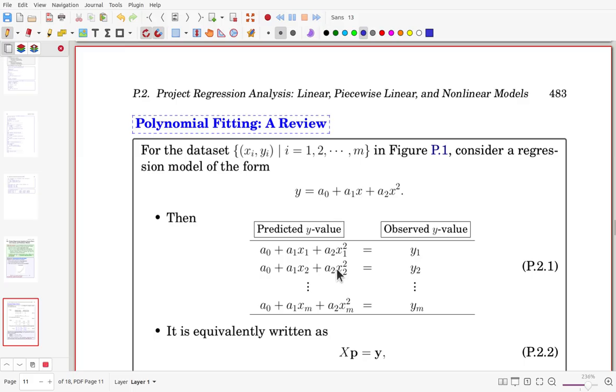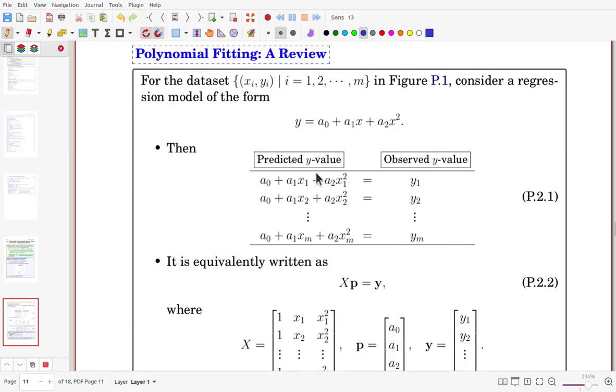From the first point, we have this equation and go down, and from the last point, we have this equation. Then we can write these equations into this system: Xp equals y.